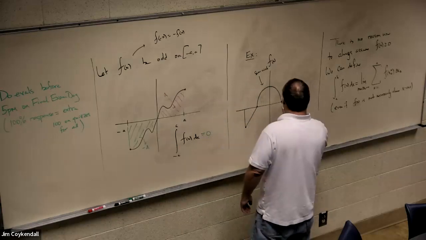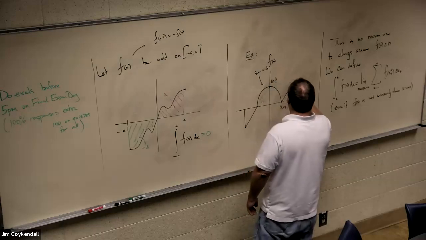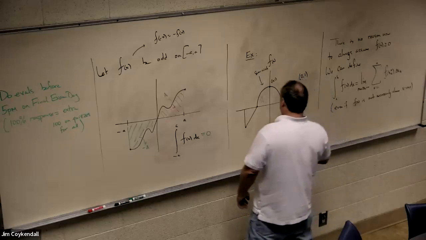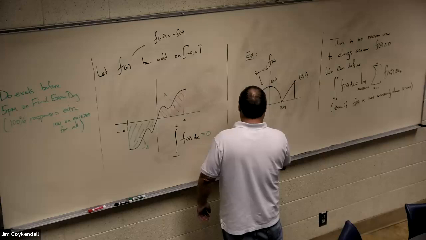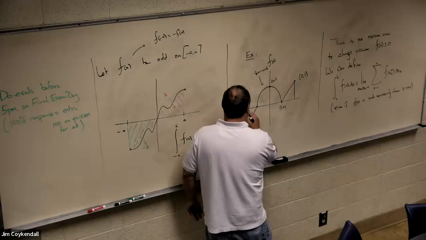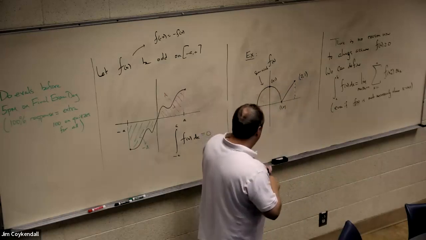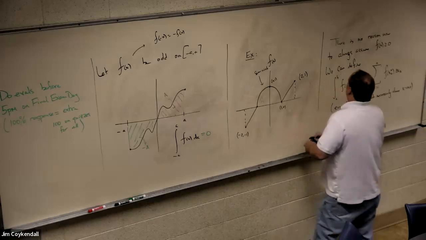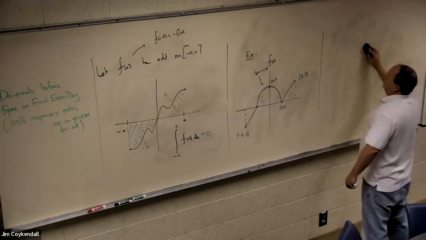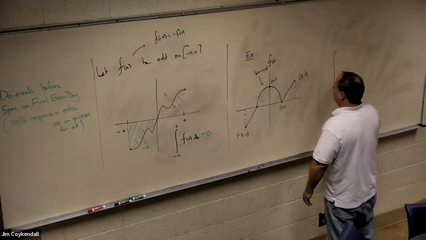This has 1, 0. And this semicircle is going to 0, 1. And we'll say this is point 2, 1. And this is point minus 2. Okay, I want you all to think about this. And then I want you to kind of guess what the value of this is.